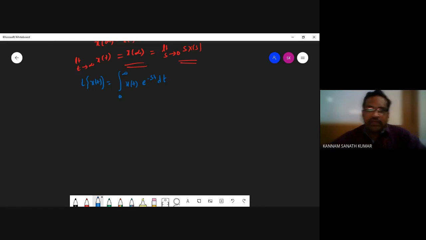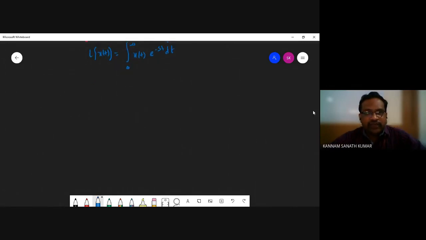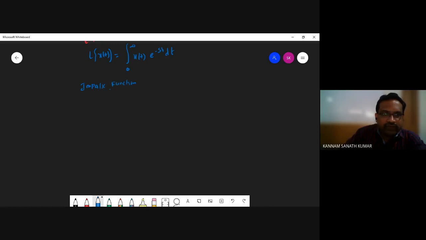First we will see the Laplace transform of the impulse signal. If you see the impulse function, x of t equals del of t. How do we define this impulse function? Del of t is like a Dirac delta function. It is defined only at t equal to 0.